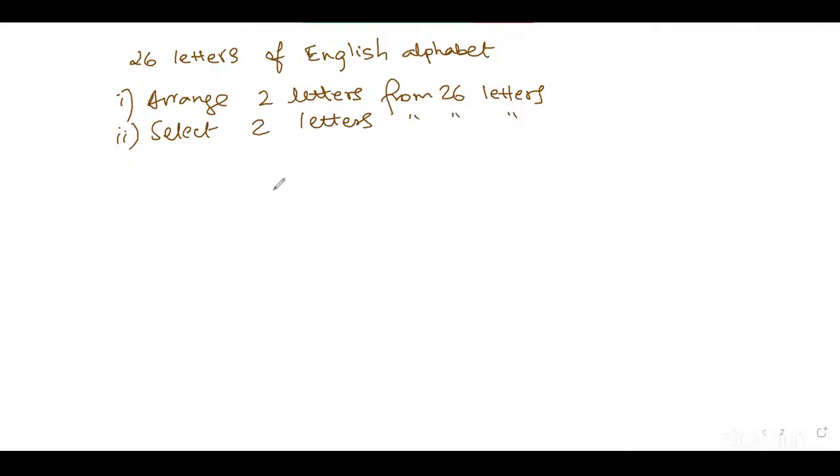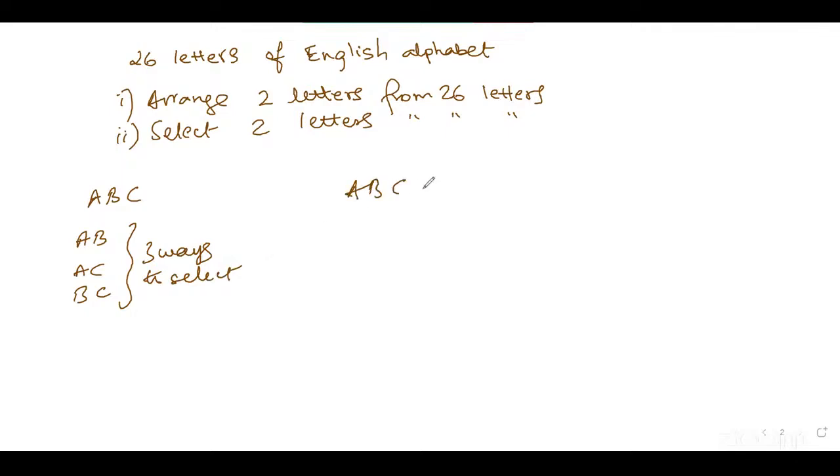Then it becomes cumbersome. As long as there were 3 letters and you had to select 2 letters from the 3, it was easy: AB, AC, BC. And when you wanted to arrange 2 letters out of the 3 letters, then it was AB, BA, AC, CA, BC, CB. 6 ways.